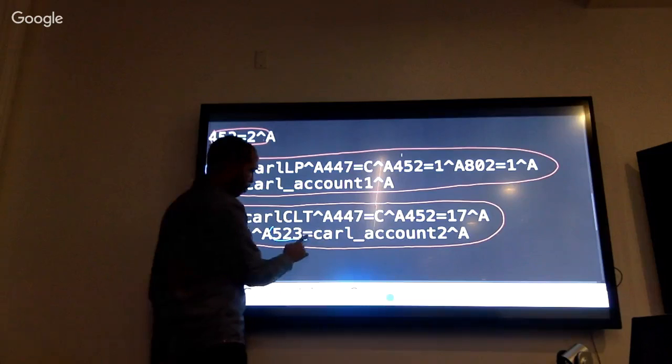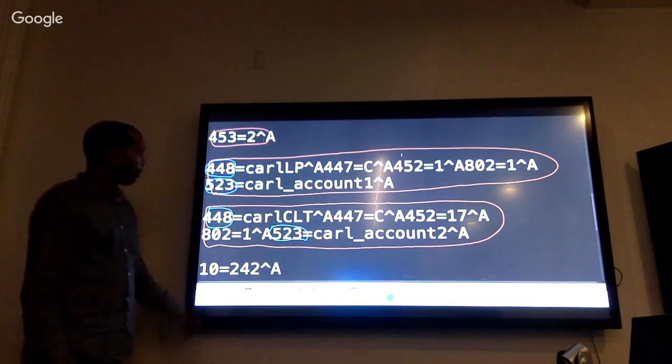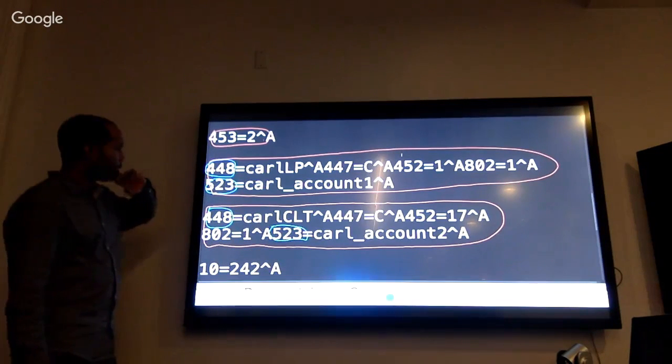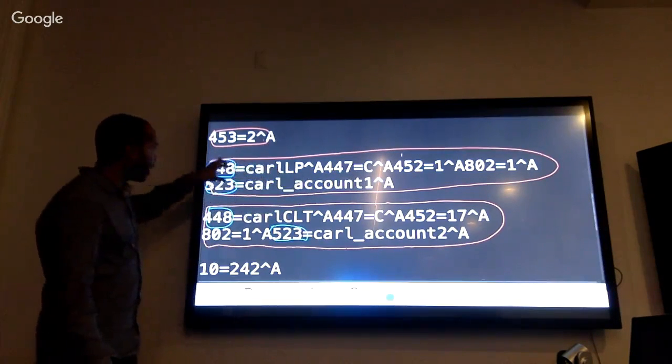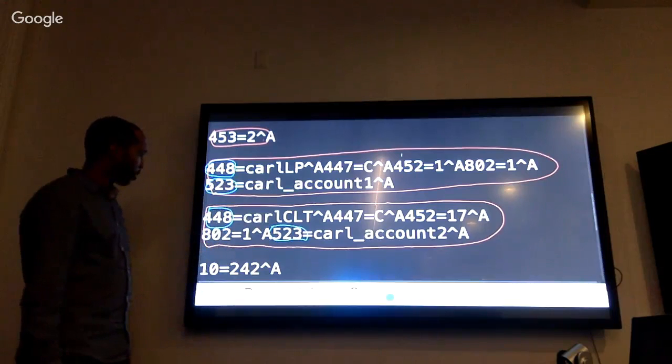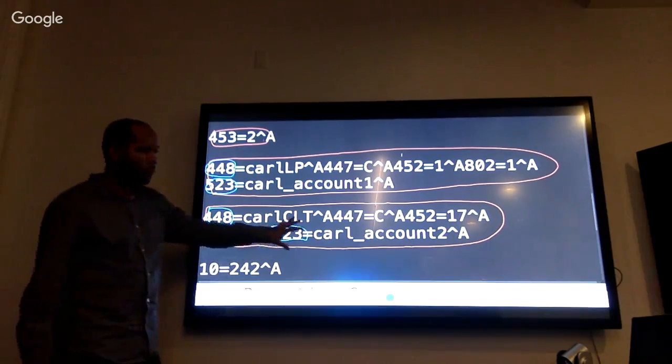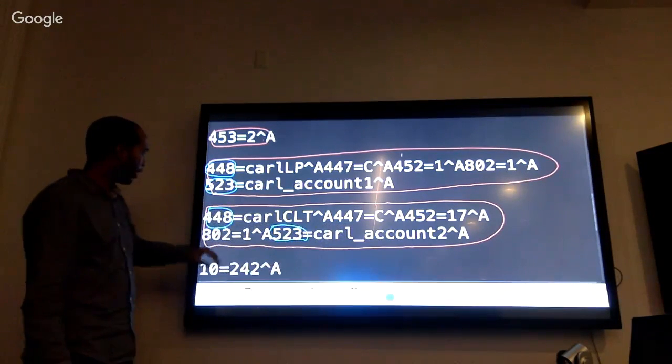Think of it as 523 being a sub designation and 448 being the main designation of counterparties.